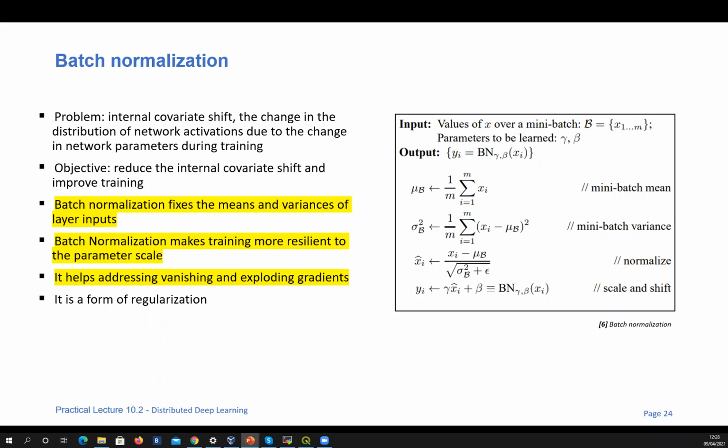By subtracting the mean of each batch and normalizing each batch by the variance. And this is a form of regularization. Regularization means trying to reduce the problem of overfitting. But there are so many other techniques. It's just to give you an idea.